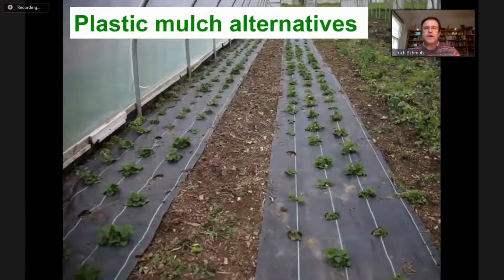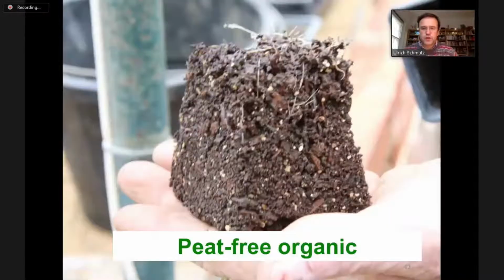We also look at other inputs which have become more contentious. So the word is contentious input, which is kind of not quite like we would want organic to be, and one of them is the use of mulches. We obviously use that in organic because we don't want to use herbicides, but now we have removed herbicides, but now we have plastic, so we are looking at alternatives to have different soil covers as well.